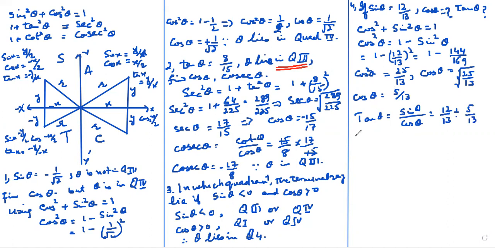So tangent theta equals 12 over 13 multiplied by 13 over 5. 13 got cancelled, we are left with 12 over 5. So both the values we have calculated. I hope you understand it well.